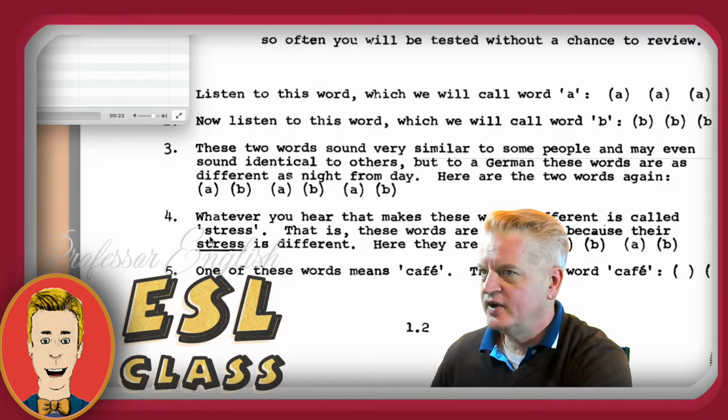These words sound very similar to some people and may even sound identical to others, but to a German, these words are as different as night and day. Here are the two words again.